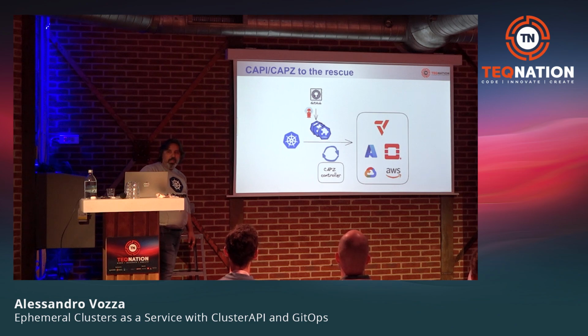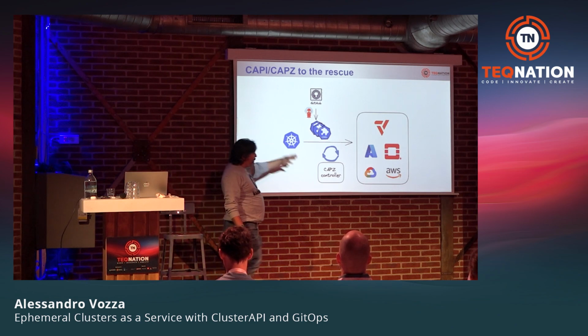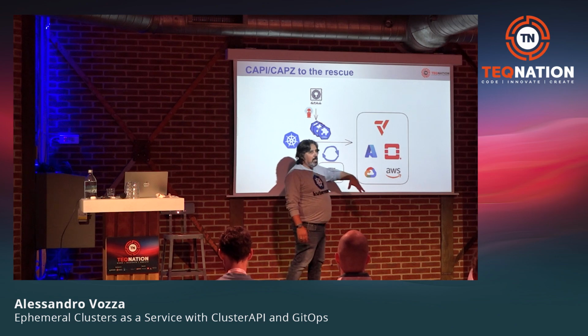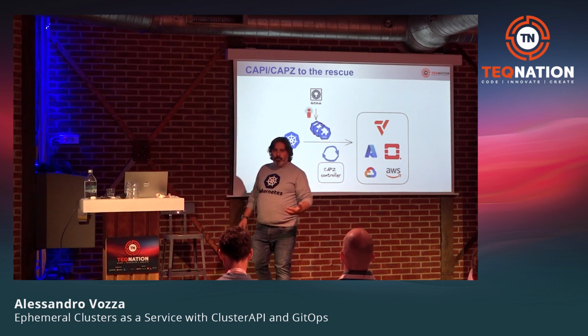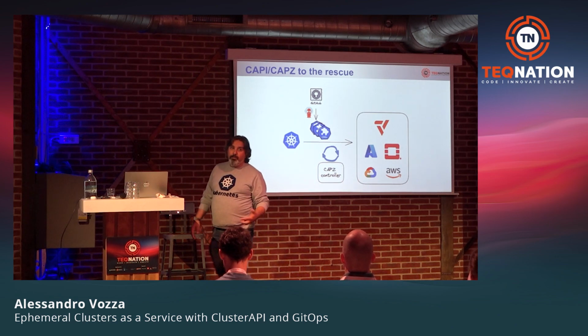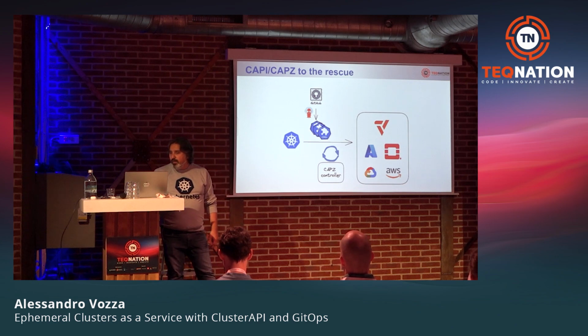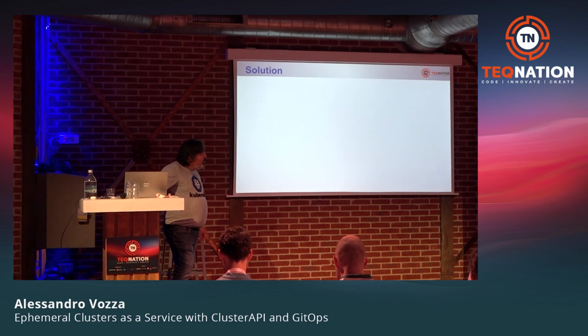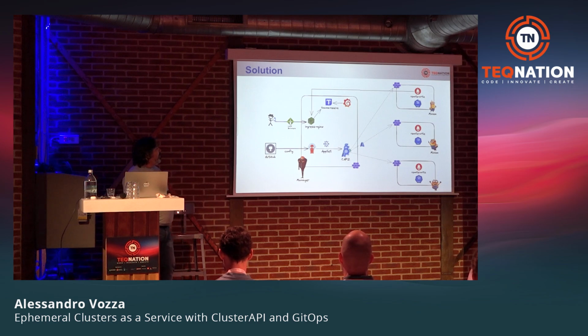So there is the CAPZ controller for Azure. There is the ClusterAPI provider for vCluster, which we're going to use as well in the not working demo, but I'll fix it soon enough. So this is how we work.